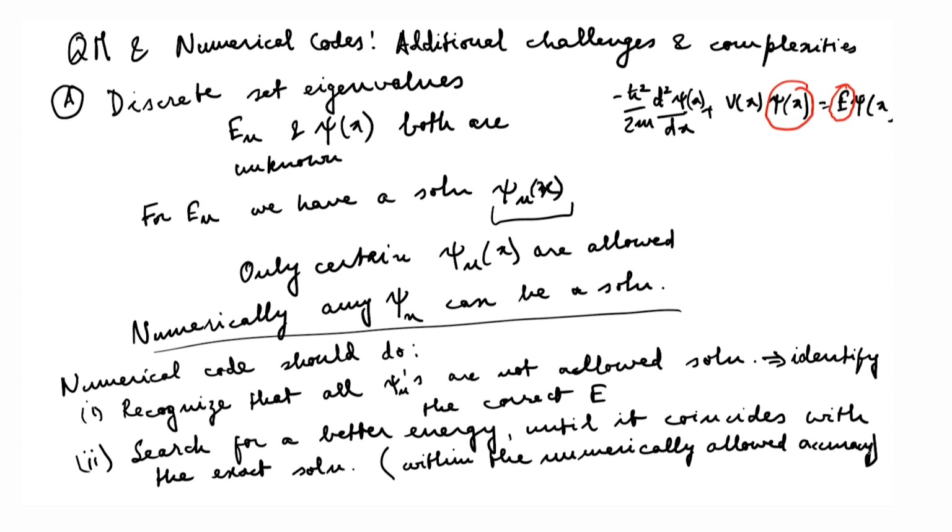So this is one problem, and the second problem is a sort of pathological problem in quantum mechanics: it has a pathological asymptotic behavior. What do we mean by that?